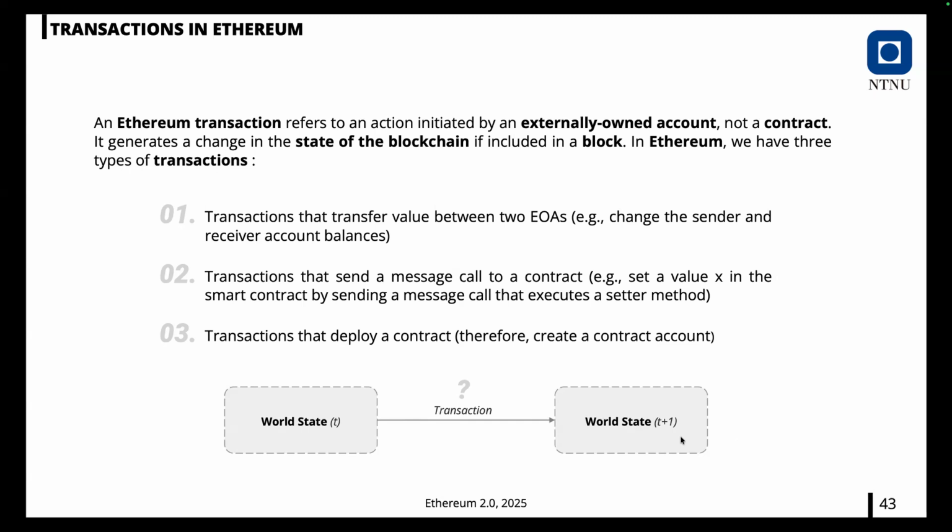Like I'm transferring 0 coins to somebody and I'm not doing any behavior. So is it possible that like the world state before the transaction and after the transaction is exactly the same? What do you think? No, why not?